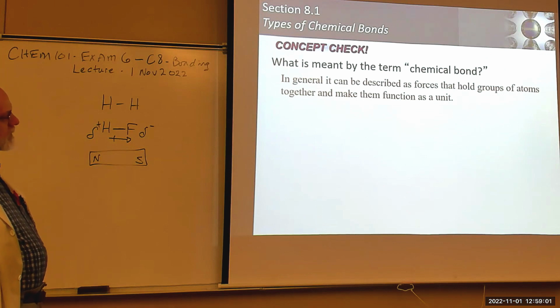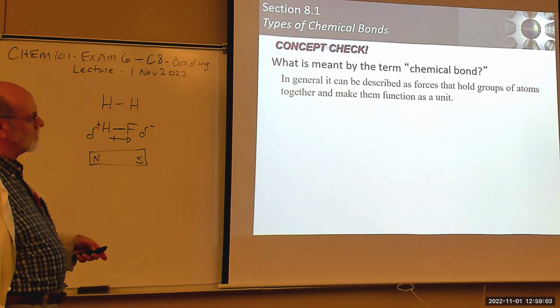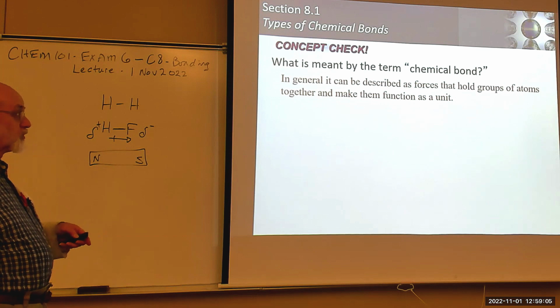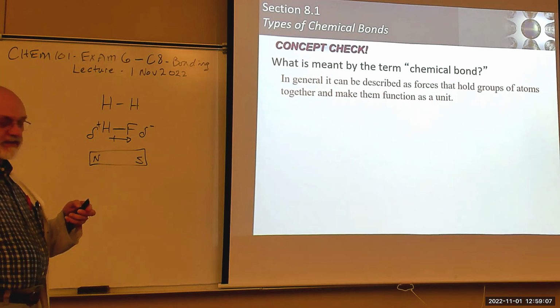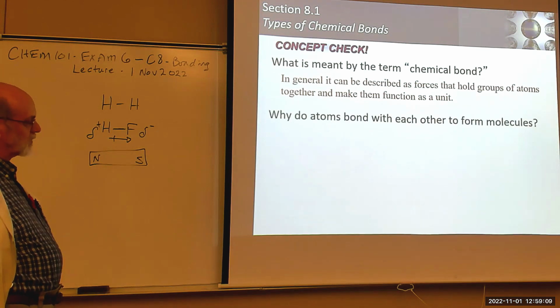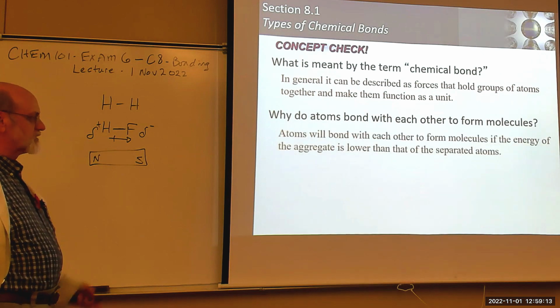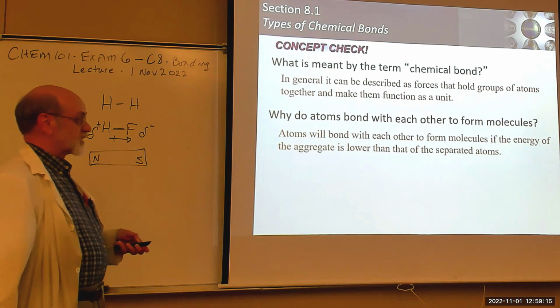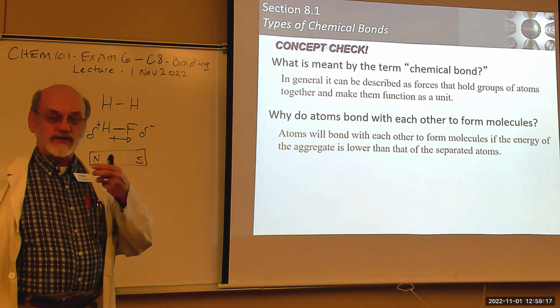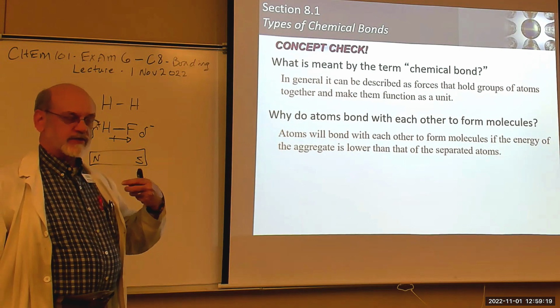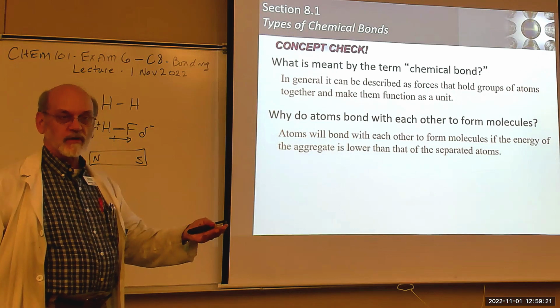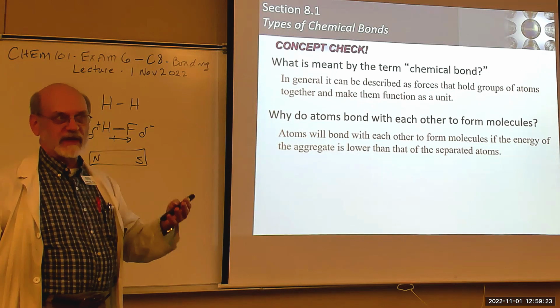So there's our definition for a chemical bond so far. Force that holds groups of atoms together, makes them function as a unit. Okay, I'll go with that for now. Why do they bond with each other? The best explanation is to watch the energy. Is the energy after the bond lower than before the bond? Well, it should be.